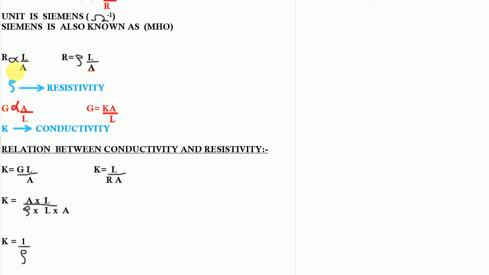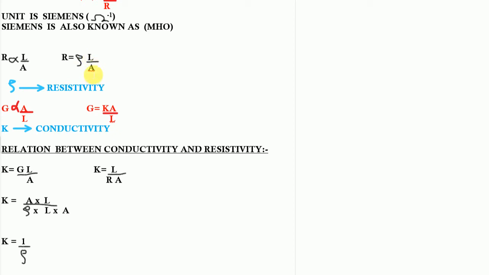Now if we want to replace this proportionality sign with the equal to sign, we have to put a constant over here, and the constant which we put is known as resistivity. How will you define resistivity? For defining resistivity, as usual, you have to put length as 1 meter and area as 1 meter squared.